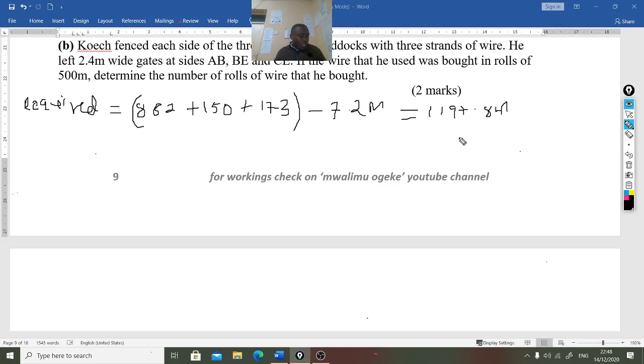It was sold in rolls of 500. So the number of rolls that were required will be the required length, that is 1198 to the nearest meter, divided by 500.